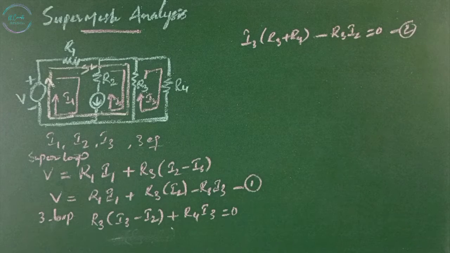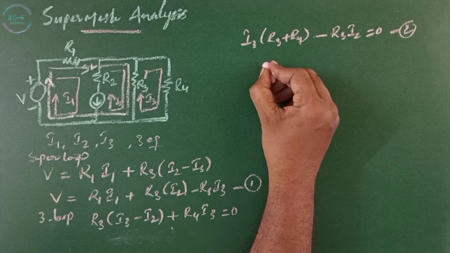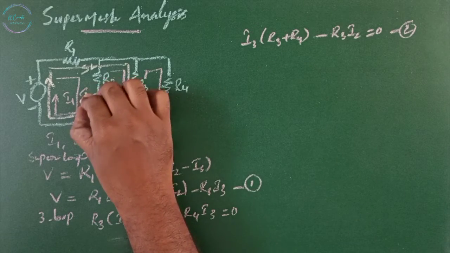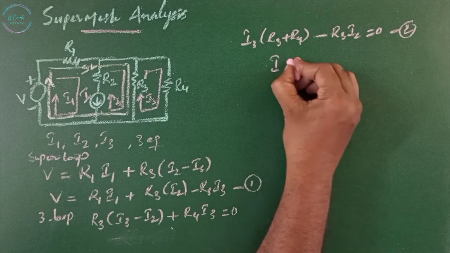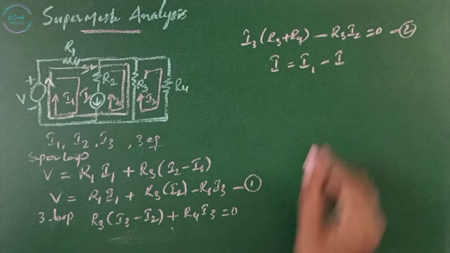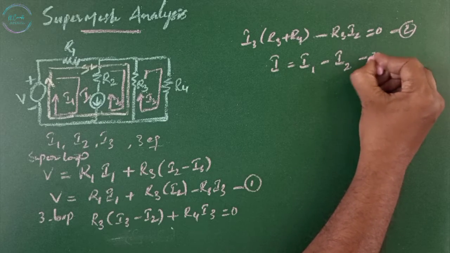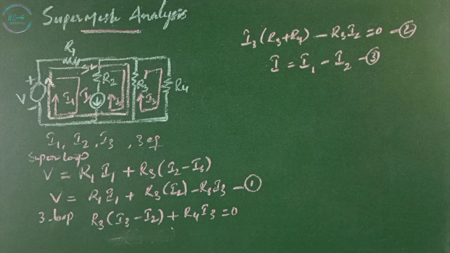This is our equation number 2. Finally, the current I from the current source is equal to the difference between the two mesh currents, that is I equals I1 minus I2. This is our equation number 3. By solving these three equations, we get the loop currents I1, I2, I3.